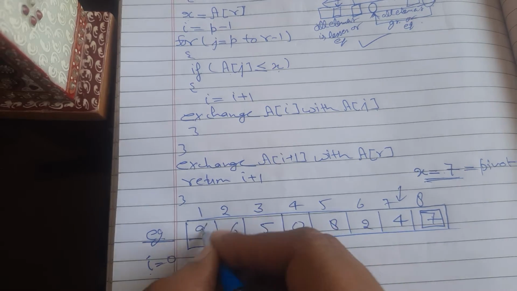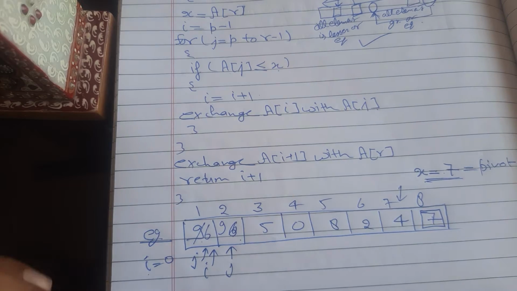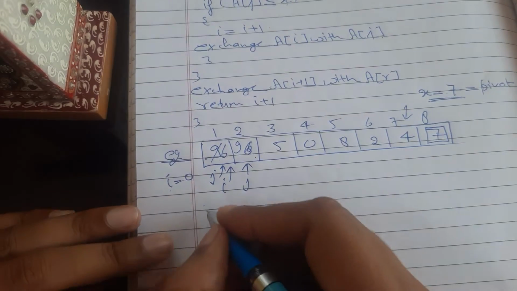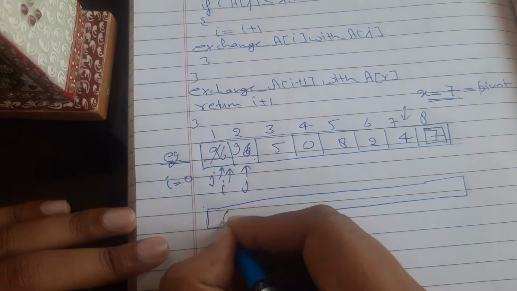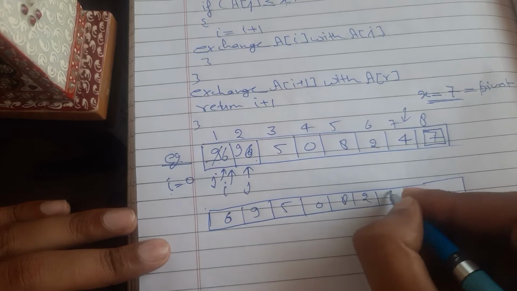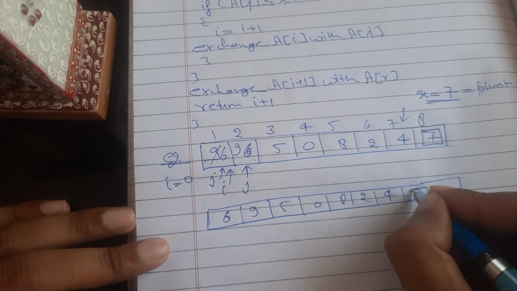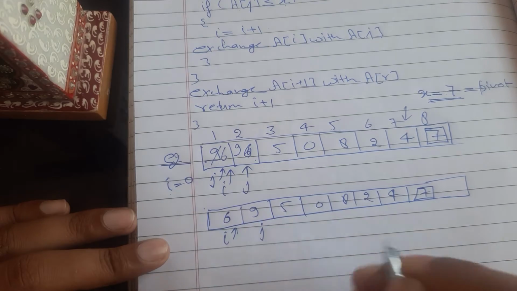Then 6 is here and 9 is here. Then the array looks like this: 6, 9, 5, 0, 8, 2, 4, 7. This is the pivot. i is pointing here and j is pointing here.